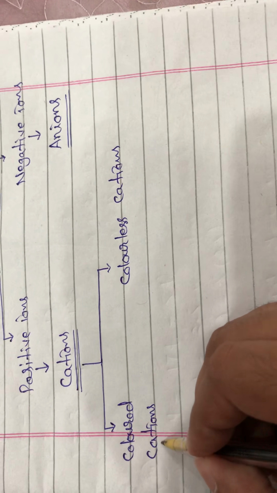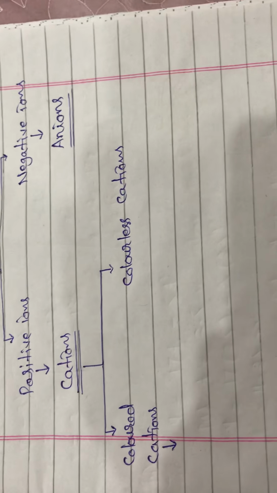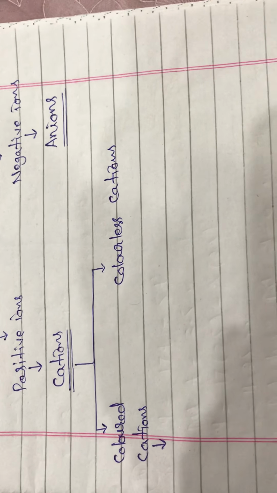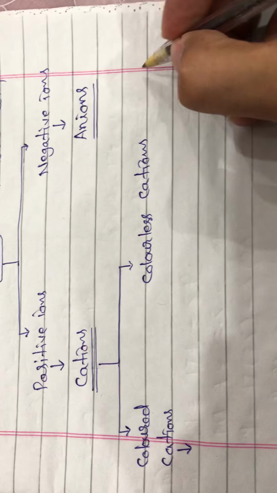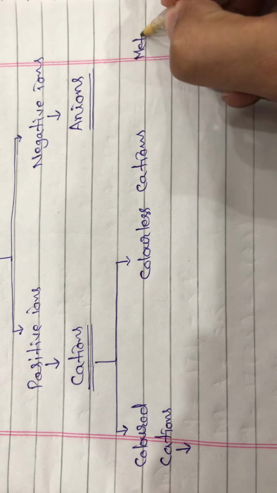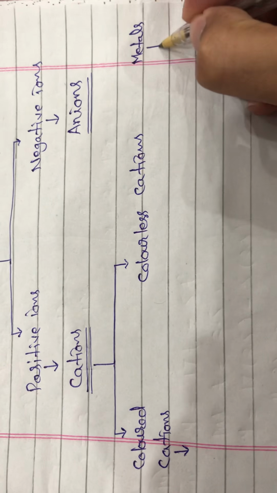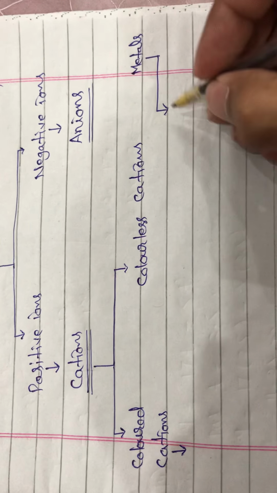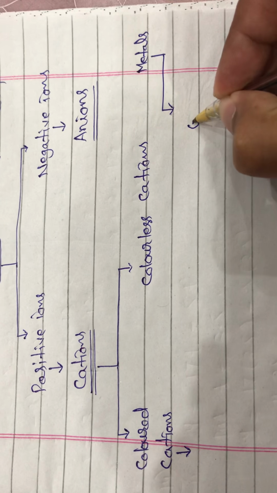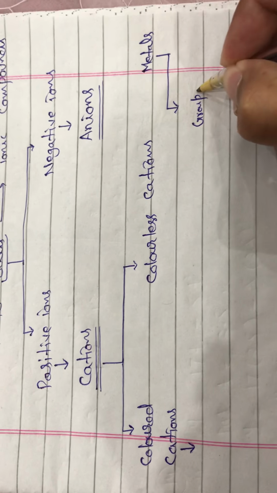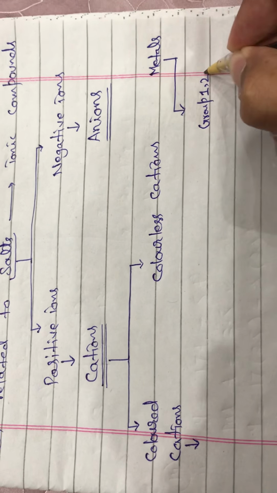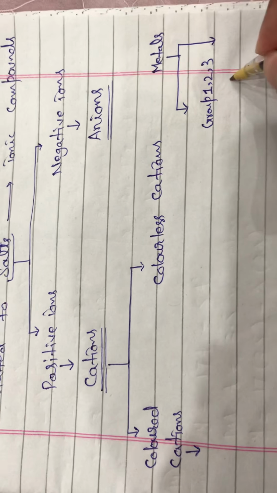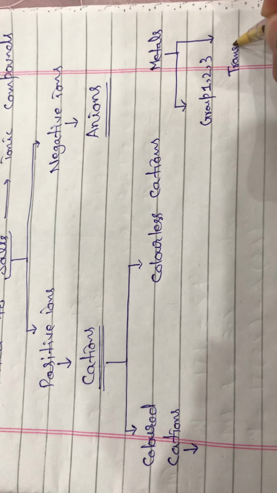Colored cations. If you can memorize the metals, so the metals were of two types, means two types in which way, like group 1, 2, 3, and secondly we have transition metals.